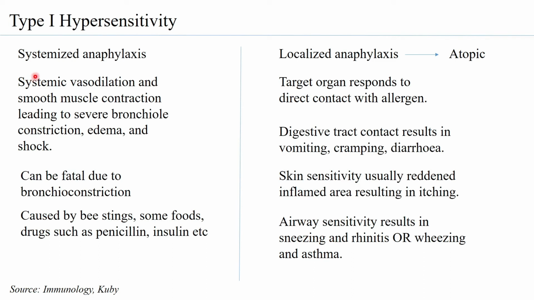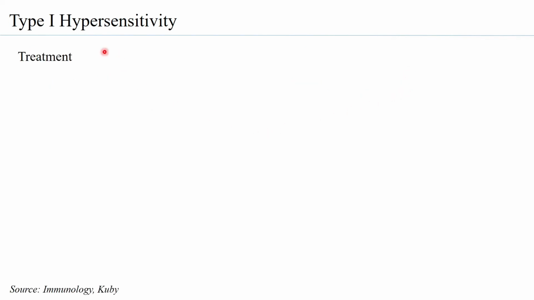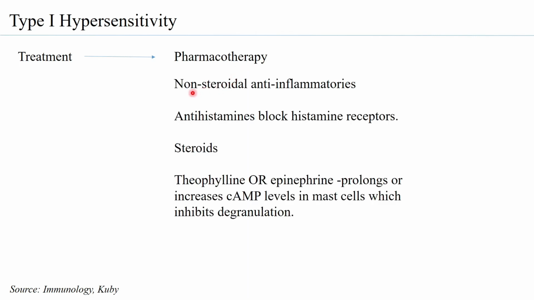Okay, so type 1 hypersensitivity can be both systemic anaphylaxis as well as localized anaphylaxis. What is the treatment? Generally, the treatment is of two types. Mainly, it is pharmacotherapy, so drugs are given. The most common drugs are non-steroidal anti-inflammatories.